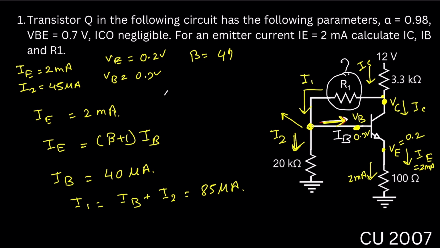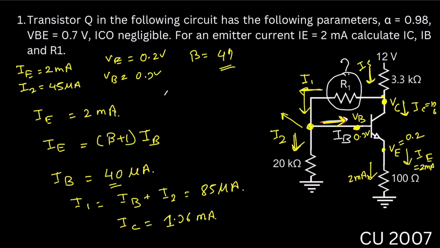And as IB is 40 microampere, we can write down IC equal to 1.96 milliampere. Why? As beta into IB. Beta is 49 and IB is 40 microampere. If we multiply these two, we get IC equal to 1.96 milliampere. Now we already have the value of IC, 1.96, and the value of I1, so from here we can get the value of IS.